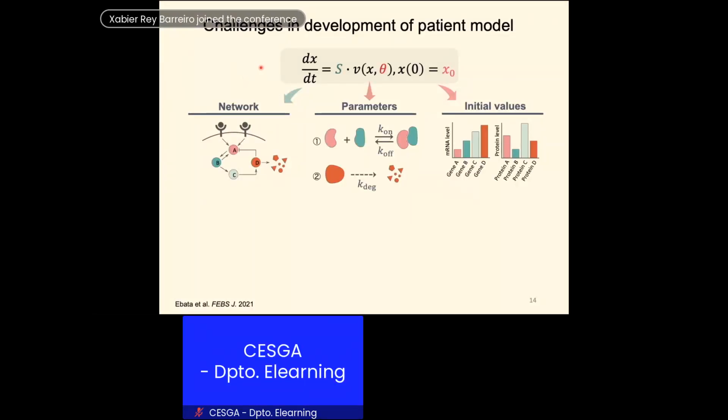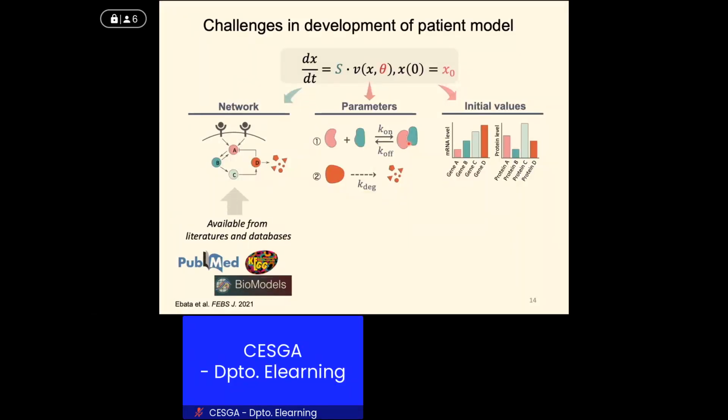But there are challenges in the development of the patient model. First we need to identify the network, and also the parameters, and also the initial values. For the network, there are several breast cancer models available in BioModels or KEGG, and we can modify them depending on the purpose.